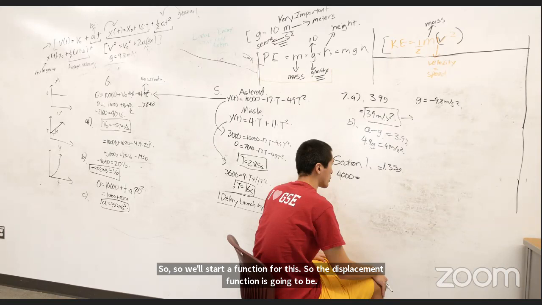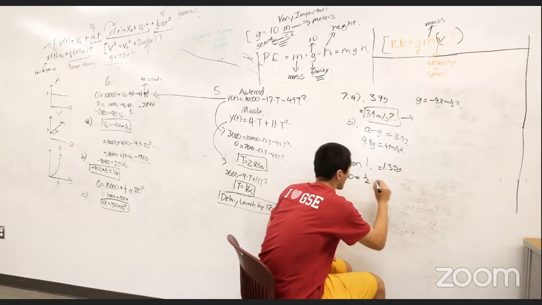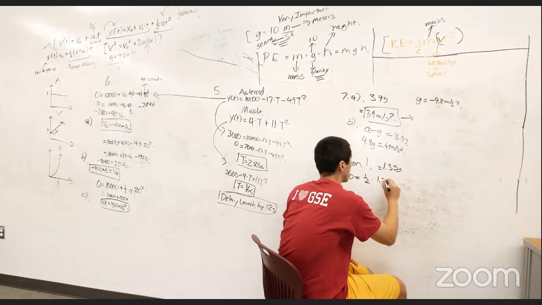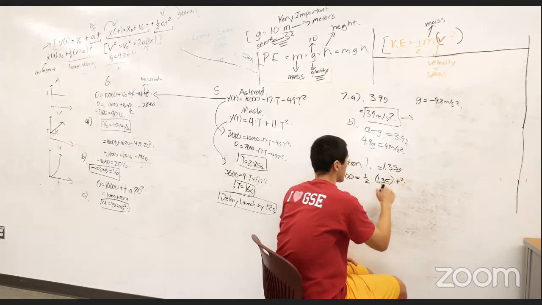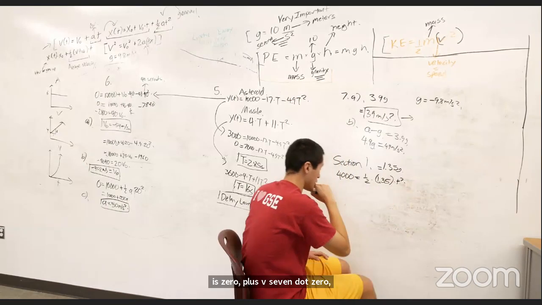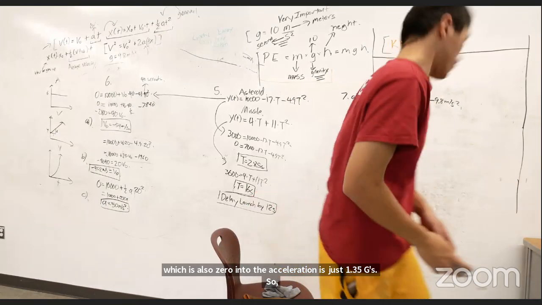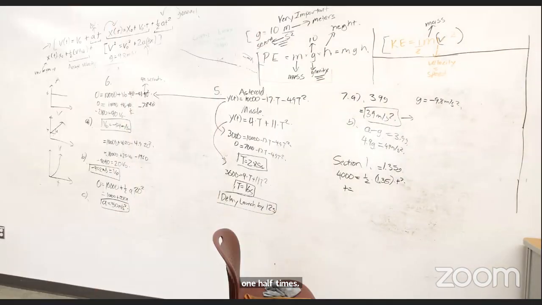So 1/2 times 1.35 times t squared. This is your acceleration. And so you get that your time is roughly 77 seconds or so.